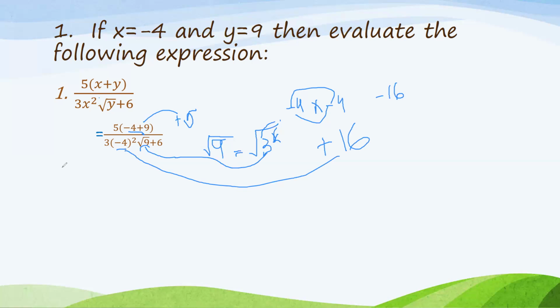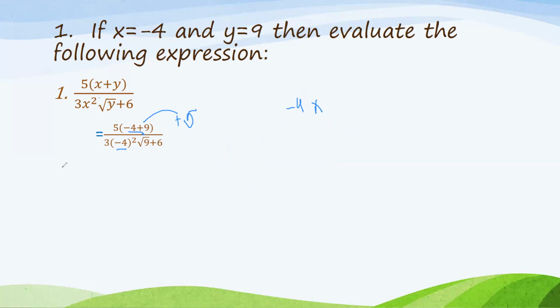So after putting all these values in our given expression, it becomes like this. 5 into 5 is 25.